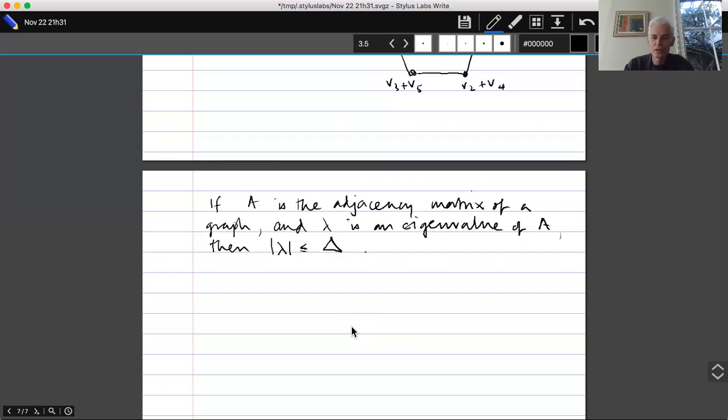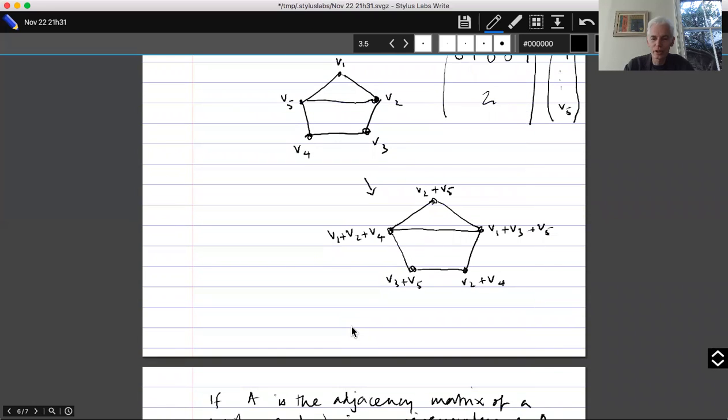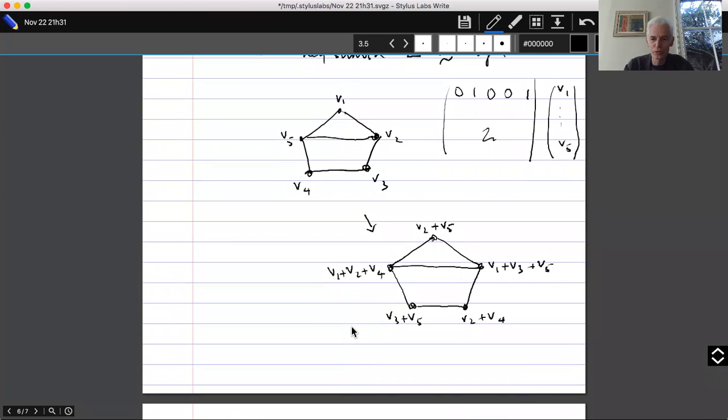Now, I'm going to sketch a proof without writing anything down, and then I'll give a different proof, which will be more algebraic. So the geometrical proof will be: supposing I've got an eigenvector. Let's just suppose, for example, this is an eigenvector. Let's look for the maximum modulus of a coordinate.